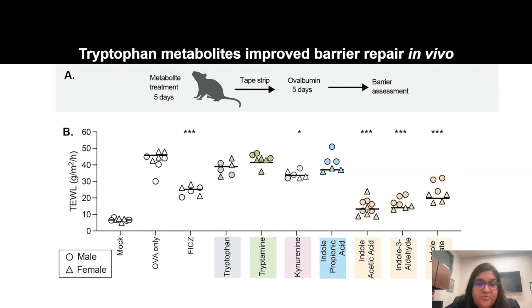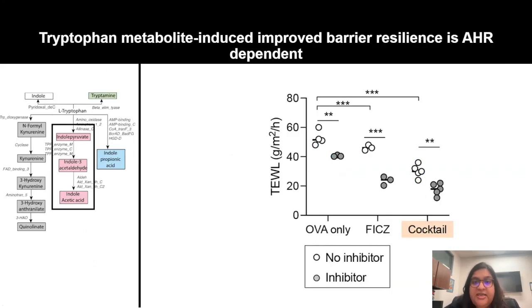I then made a cocktail of these compounds and saw that in that model too, this cocktail could help improve barrier resilience in an AHR dependent manner, because when we had an AHR specific inhibitor, this property was lost.